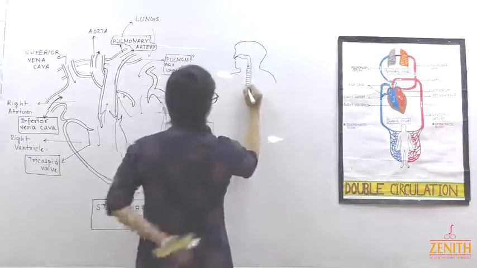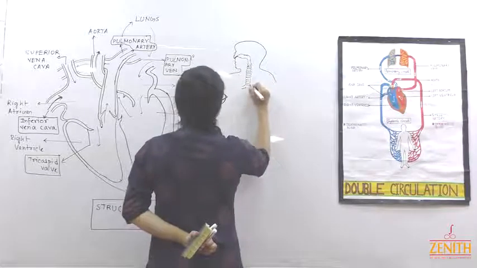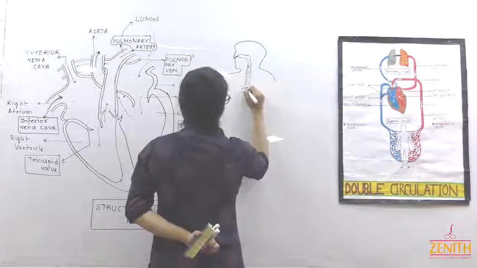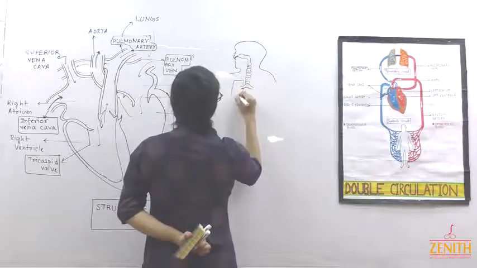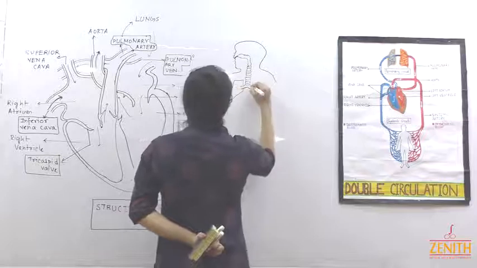Suppose this is the trachea. Our trachea has two branches, that is called the bronchi. So this is about the structure of the respiratory system or lungs that we will discuss in another class.